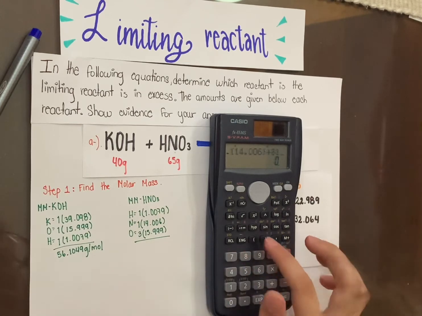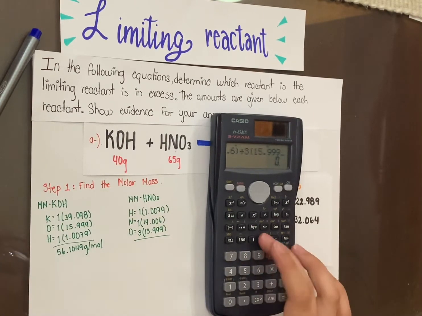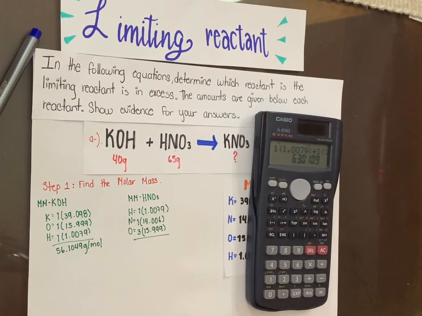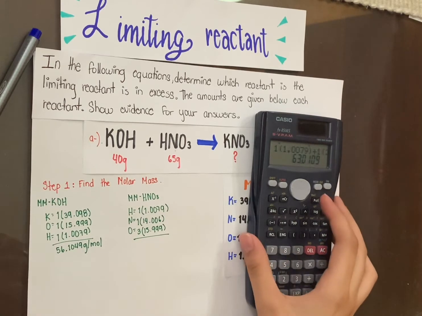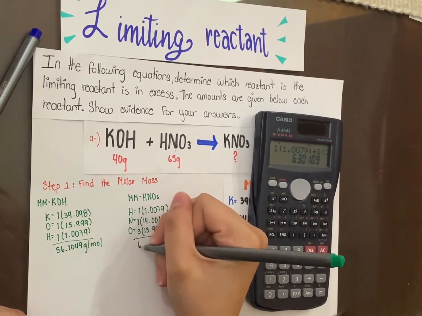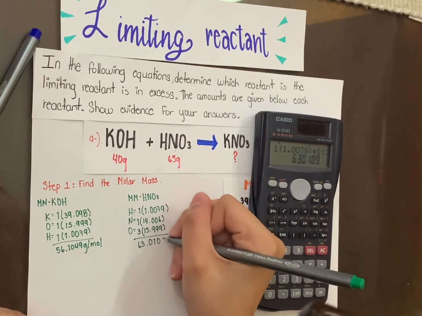And 3, 15. And gives me 63.019. 63.0109.